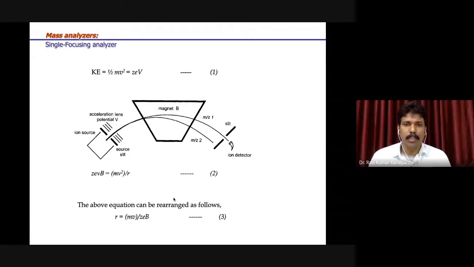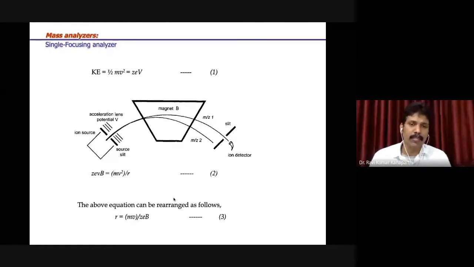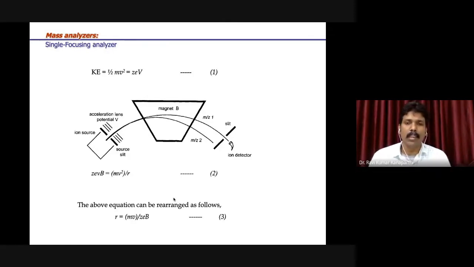How are they separated? There are several principles to separate and segregate the fragmented ions based on some criteria. One of the oldest, which was in fact used by J.J. Thomson and also Aston, is the single focusing mass spectrometer, which consists of a magnetic field, and the separation takes place in the presence of a static magnetic field.